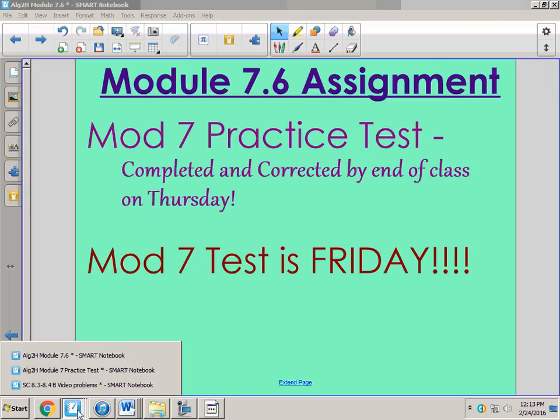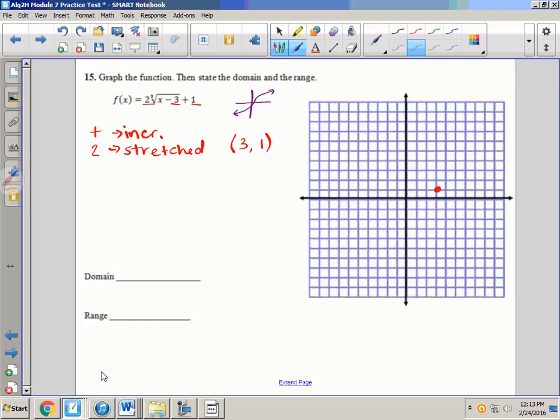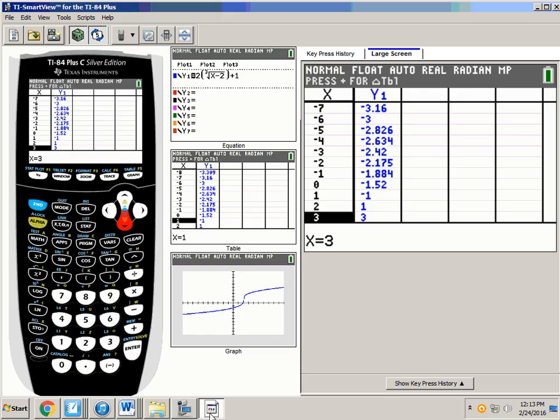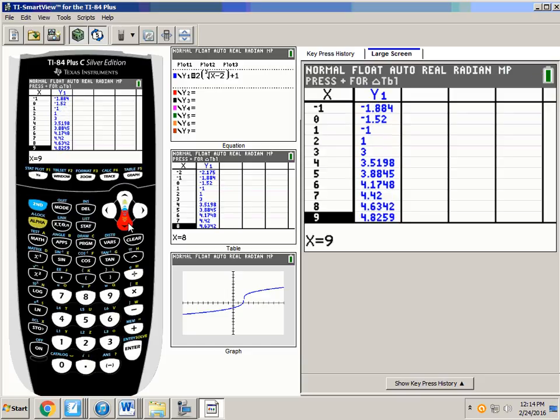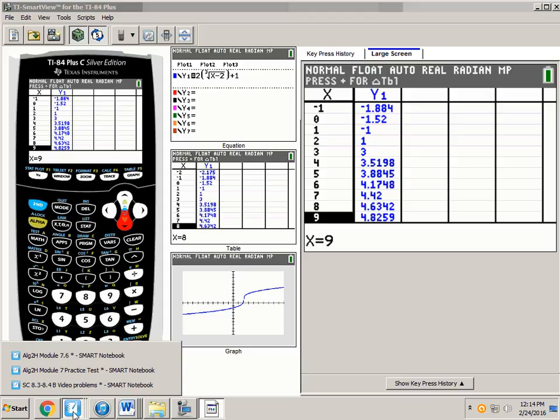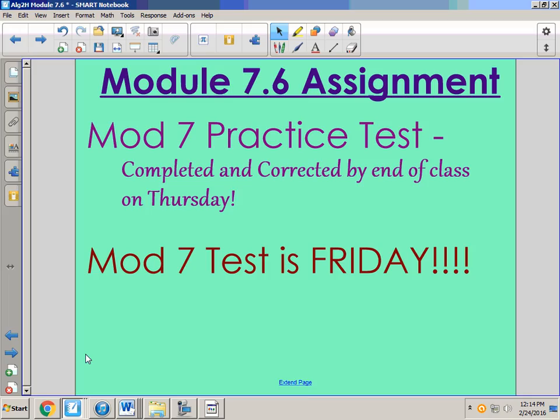Oops, wrong thing. -3, 1, -1. Back to my calculator. 1, 3, or 3, 3. 2, 1. And that looks like it should be enough. So 2, 1, 3, 3.